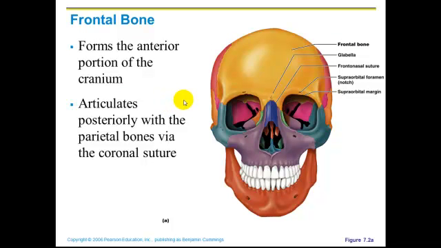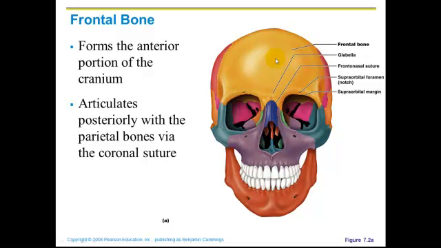Taking a look at the frontal bone, we will begin here looking at the anterior aspect of the human skull. The frontal bone here is shown in yellow. Important structures to note: the frontal bone will articulate in the back, or posteriorly, with the parietal bones at what's called the coronal suture.